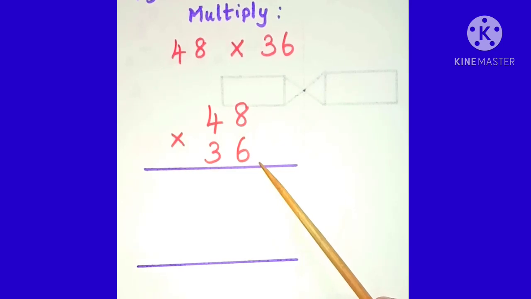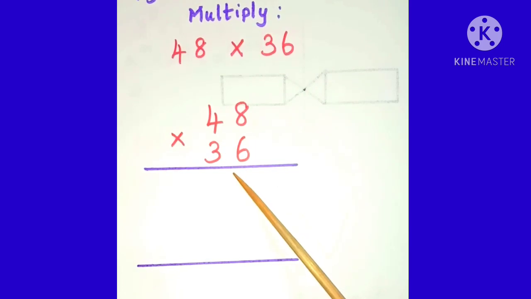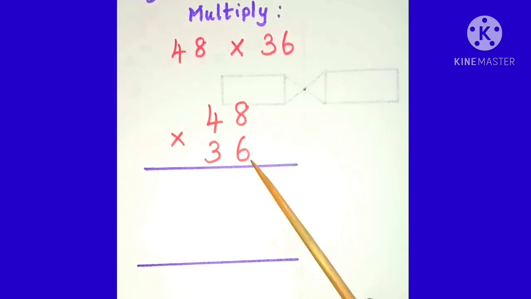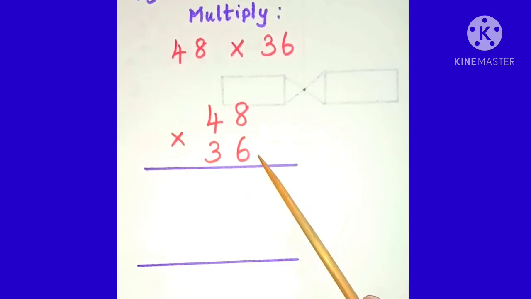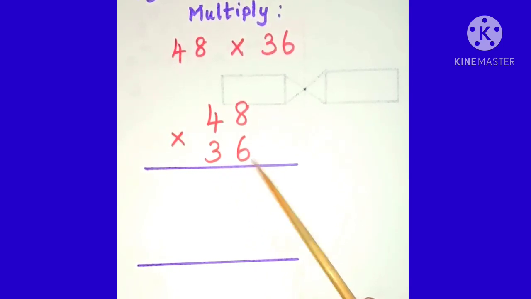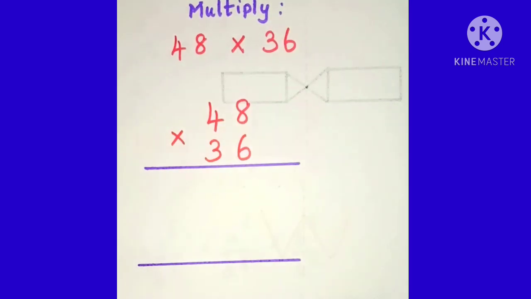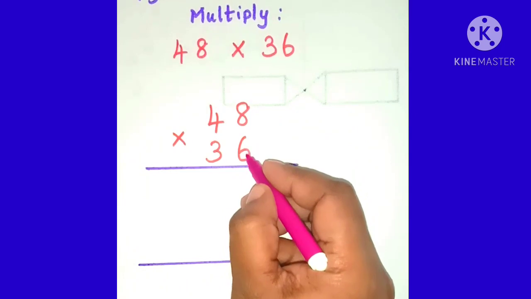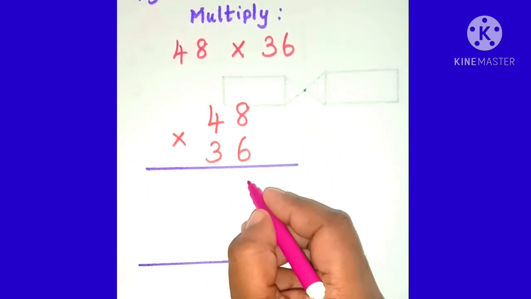For example, if we multiply 48 with 36, then we must start with 6 of the number 36, which is in the ones place. When you multiply 6 with 48, you get 288.